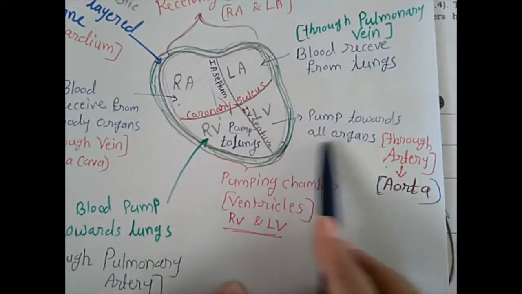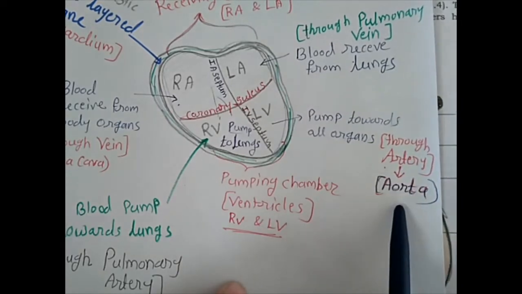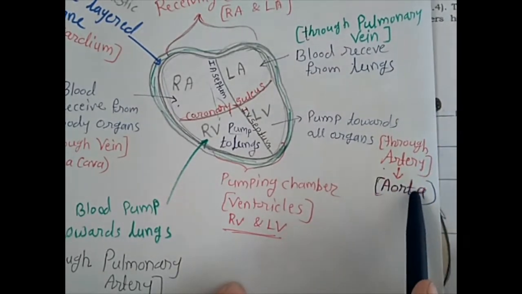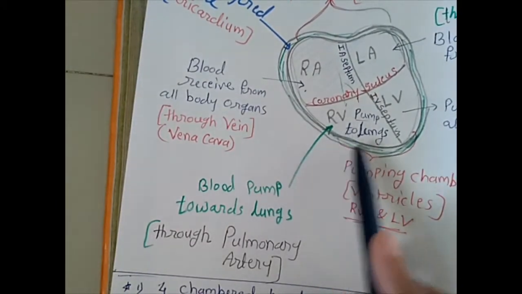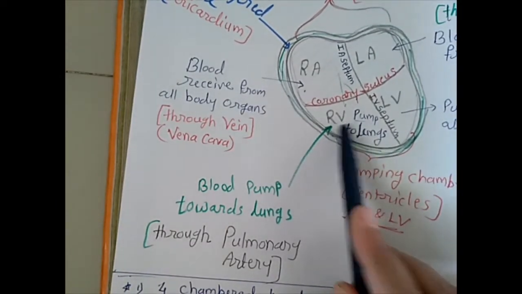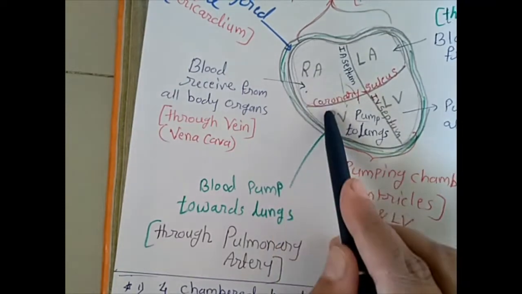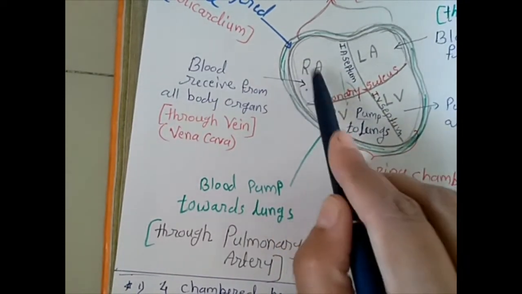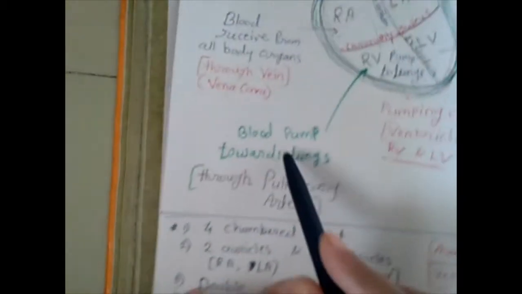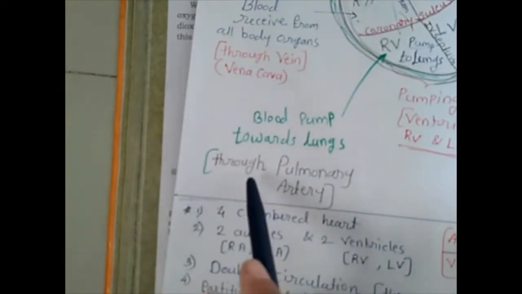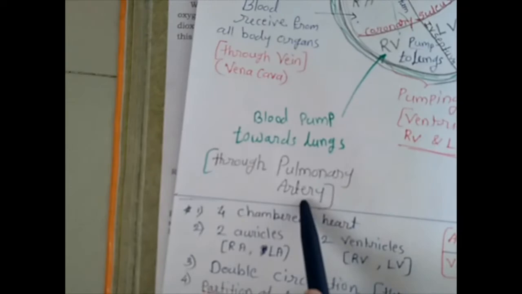It pumps towards all body organs through the artery. And from the right ventricle, the deoxygenated blood received from the right auricle is pumped towards the lungs through the pulmonary artery.